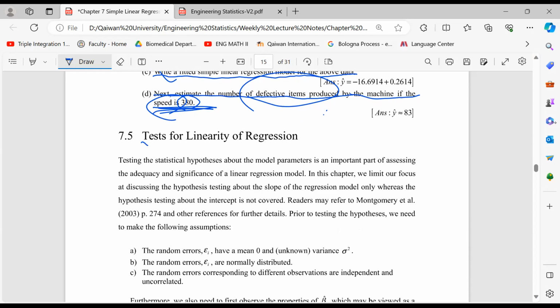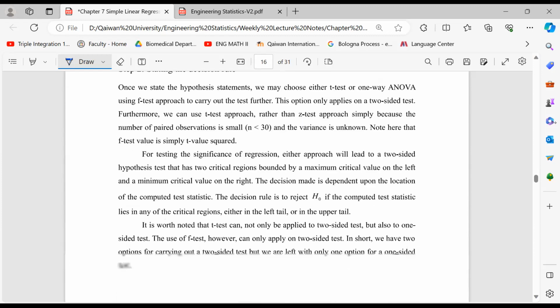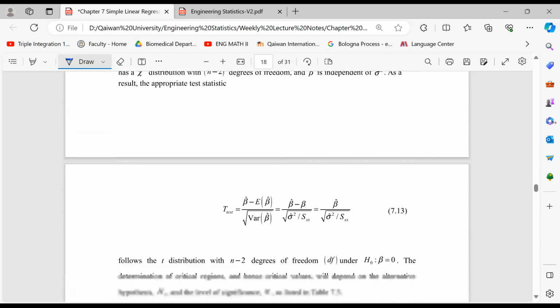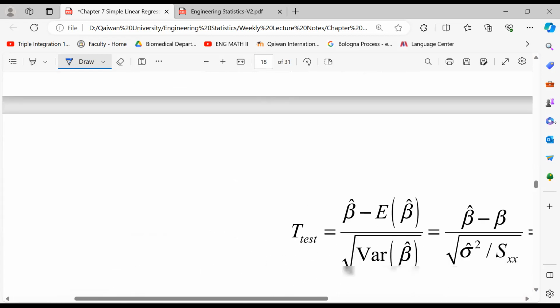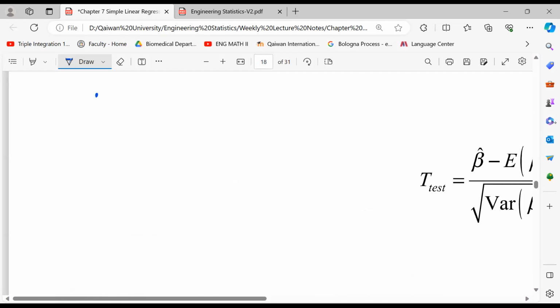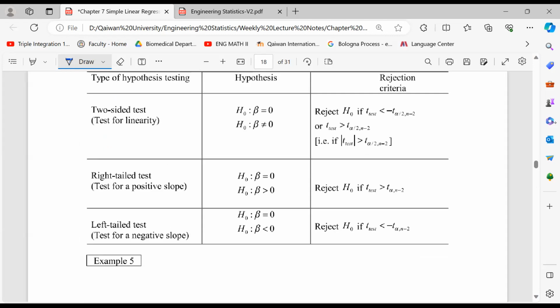Here, test of linearity of regression. As I said, we have the t-test and the f-test. When do we use these two? Let me tell you what one-sided and two-sided tests are, based on this table.